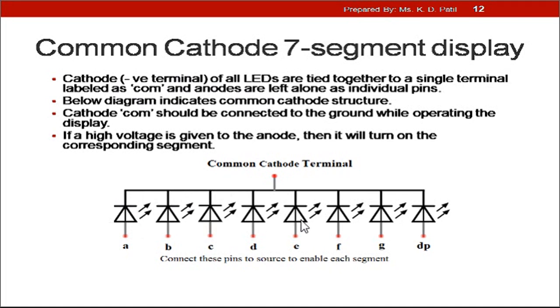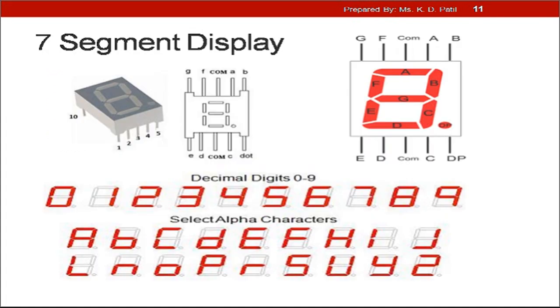There are 8 LEDs and these are the negative terminals of all 8 LEDs. In the common cathode configuration, the negative terminals of all the LEDs are tied together to a single terminal, which is labeled as COM, as I told you in the previous figure.